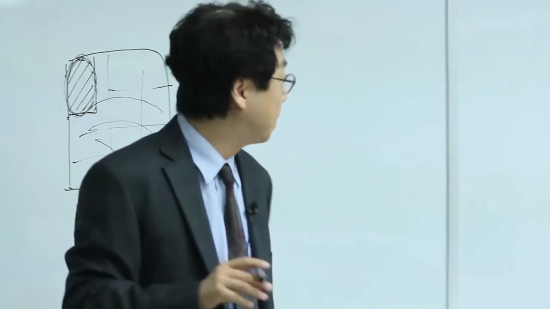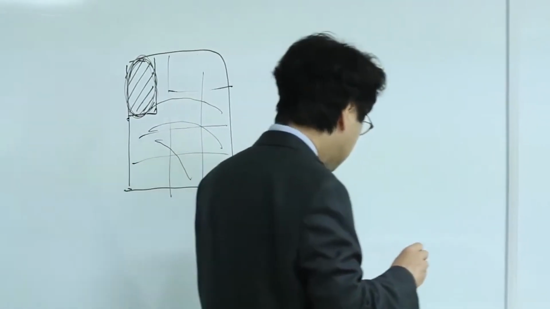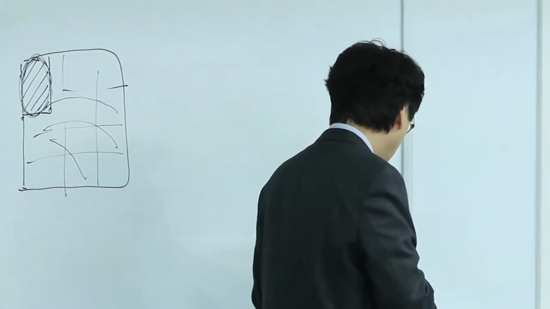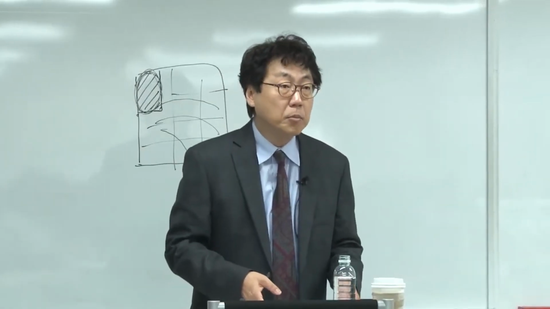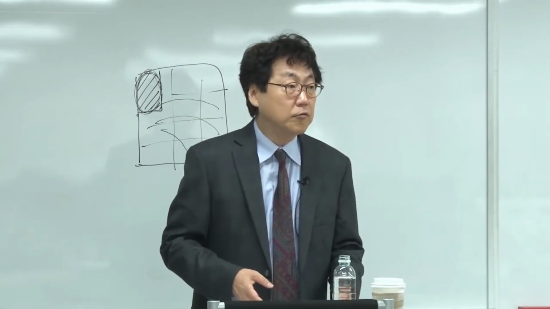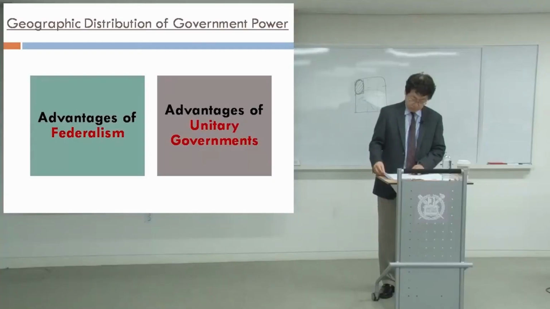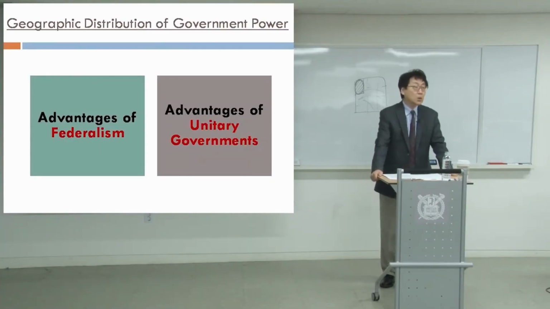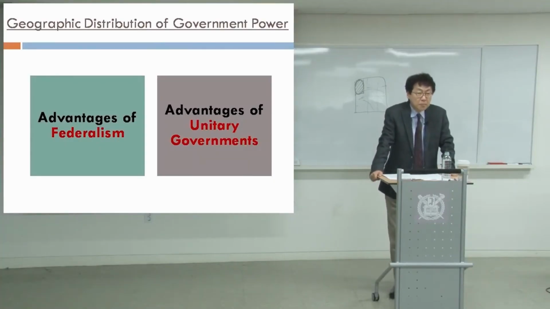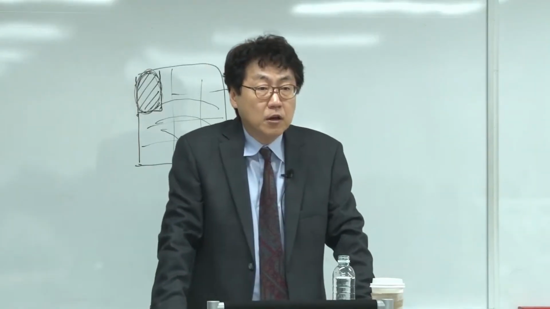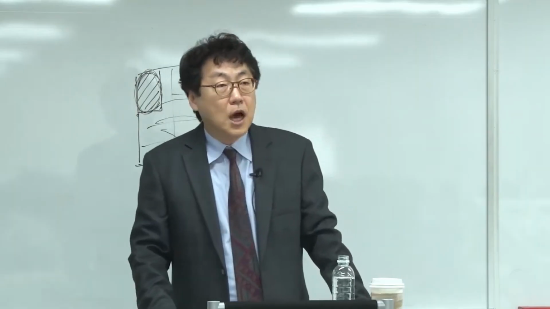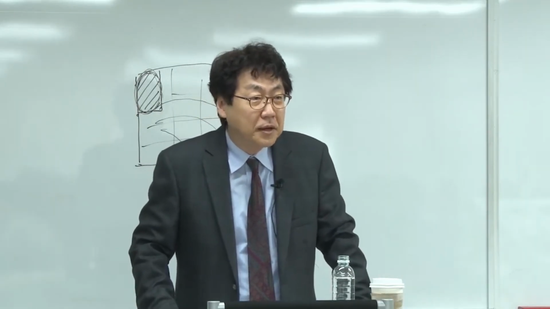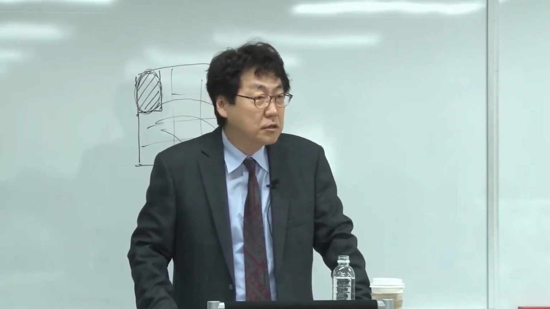Okay? So as far as, say, wealth distribution is concerned, probably unitary system will do a better job than the federal system. Okay, now we are done with the geographic dimension, geographic concentration of political power. Now is the time to ask questions or make comments if you have one.